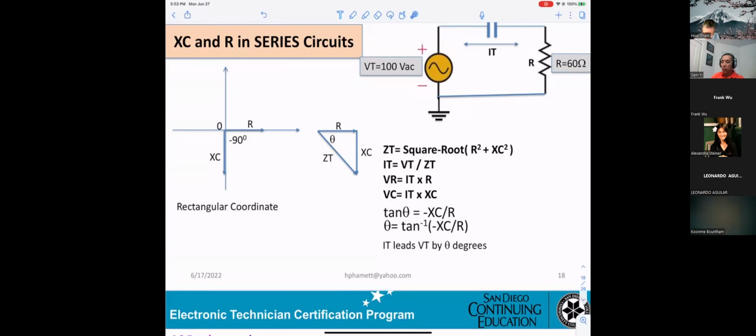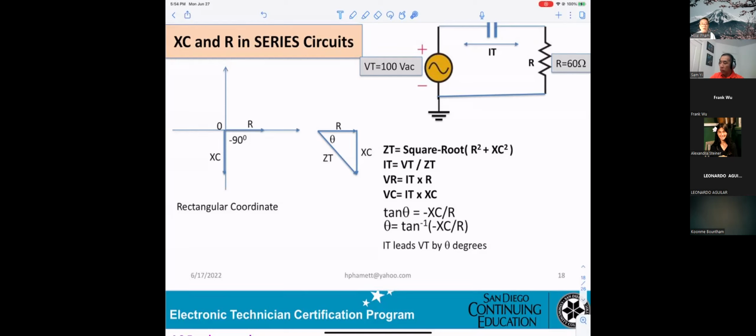Okay, Z equals square root of R squared plus XC squared. That is how we calculate the total impedance. Even though they are the same ohms, we cannot add them, because they are not in phase.